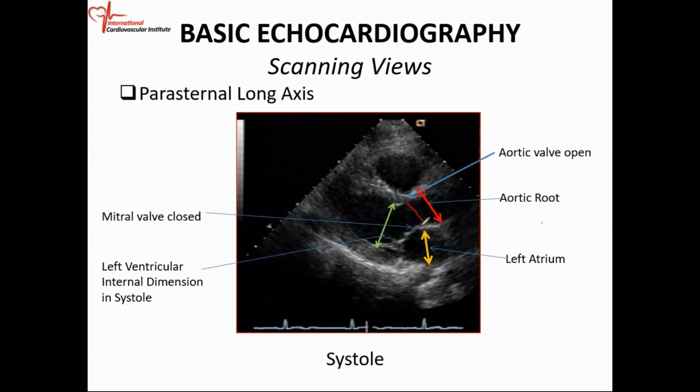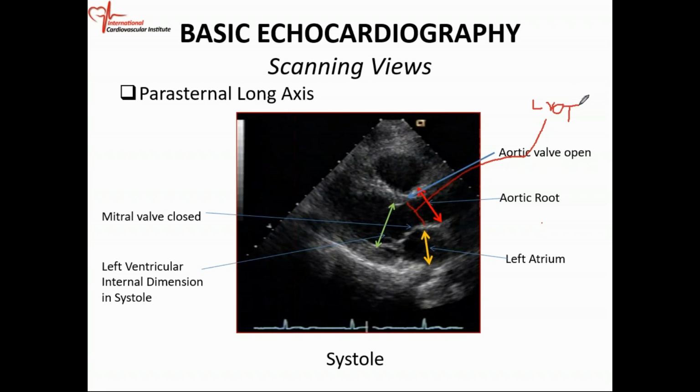It's a very important measurement, so it should be done in all your studies. Once you get that junction, a perpendicular should be drawn from the blood tissue plane. This is your left ventricular outflow tract diameter, LVOT diameter.